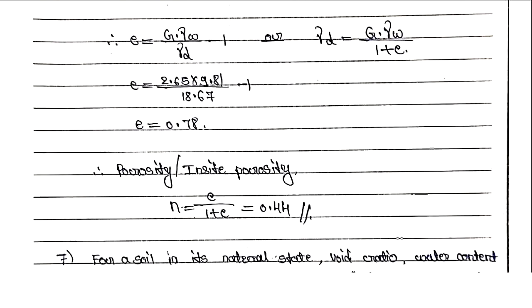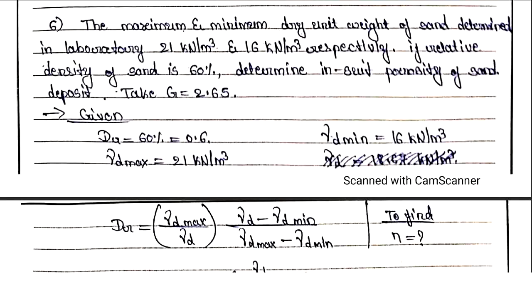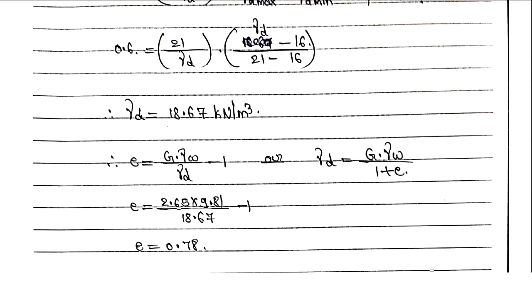For the in-situ porosity, we know the relation between e and n, that is n is equal to e divided by 1 plus e. By substituting the value of e, I get the porosity, that is 0.44. They have asked to determine the in-situ porosity of the sand.